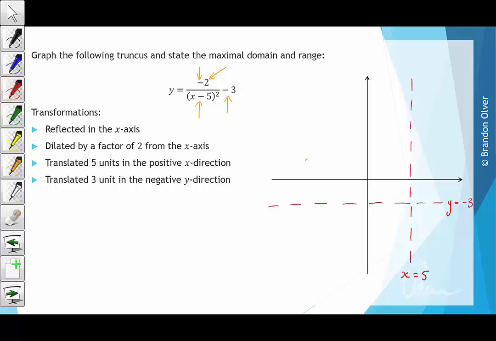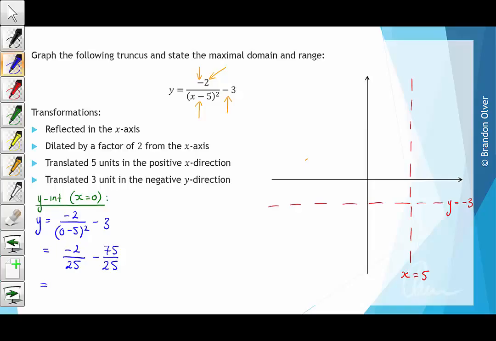Next up, we need to find any x and y intercepts. The y-intercept occurs when x is equal to 0. If we put that in, we find that y is equal to -2 divided by (0 subtract 5) all squared, minus 3. So this gives -2 over (-5) squared, which is 2 over positive 25, minus 3, which is the same as 75 divided by 25.